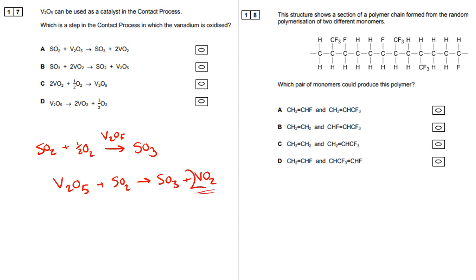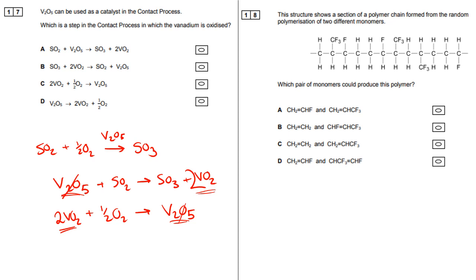The intermediate, VO2, will then react with oxygen to form V2O5. It regenerates our catalyst. Our intermediate gets used up. The catalyst, used up in the first step, regenerated in the second step. Overall equation, we can see there, SO2 plus half O2 makes SO3.